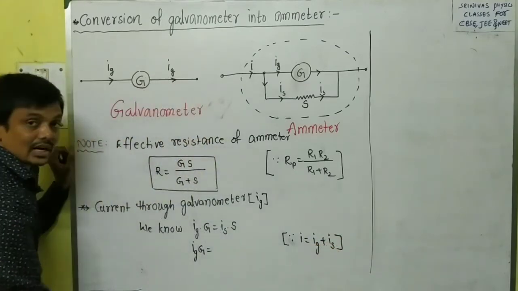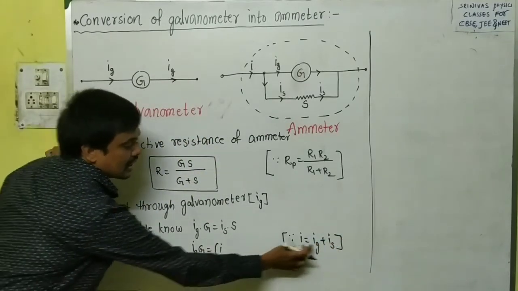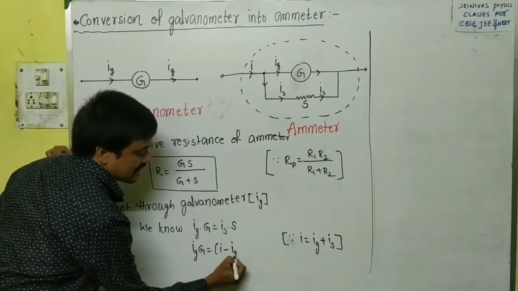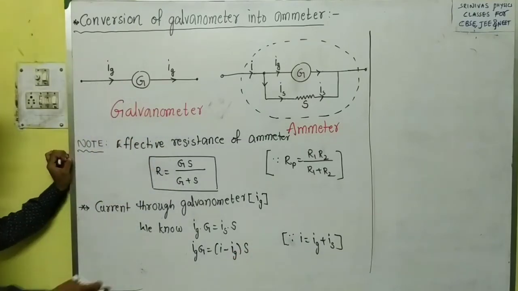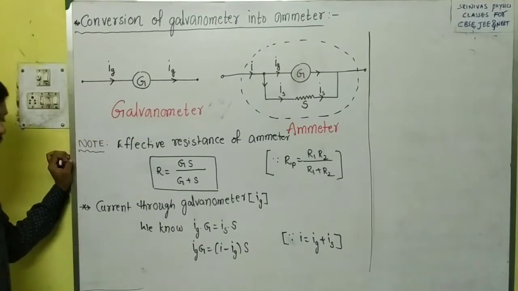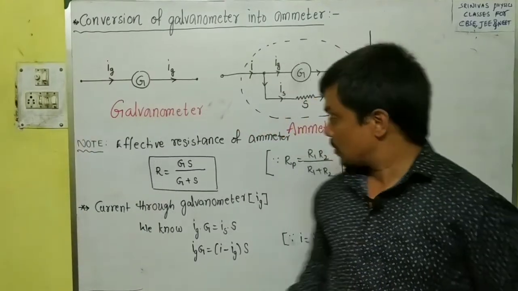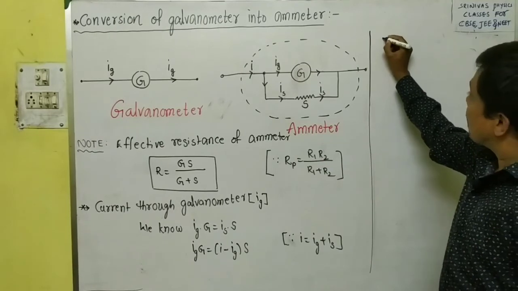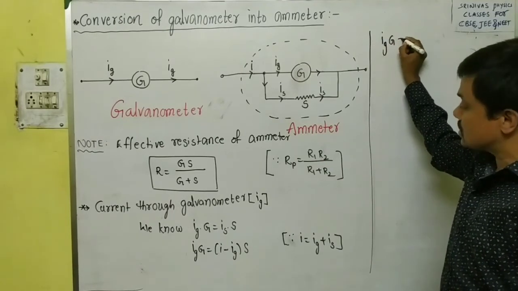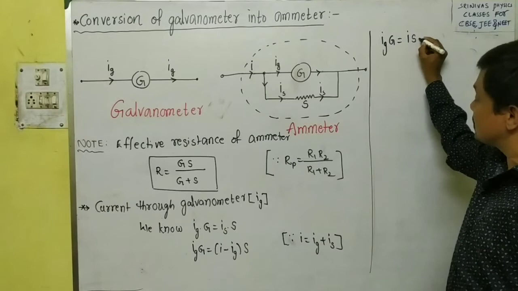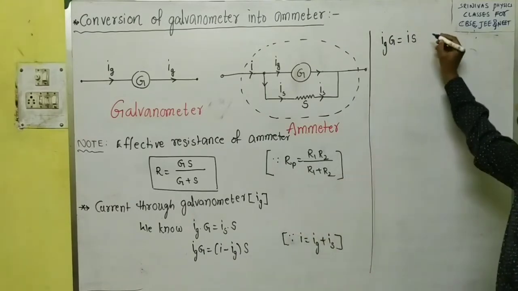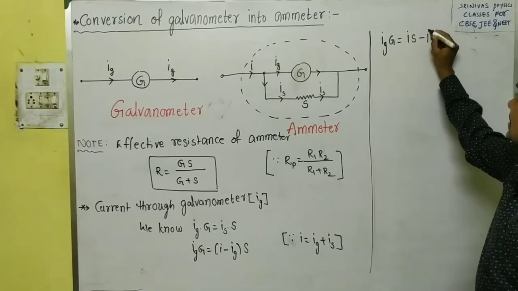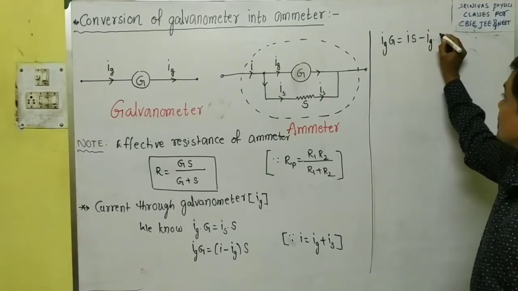From that, Is we write as I minus Ig. Then Ig G is equal to I minus Ig into S. Then we can simplify this, and I want to derive the formula for Ig in terms of I. Igg is equal to I into S minus Ig into S. Don't confuse with I suffixes.